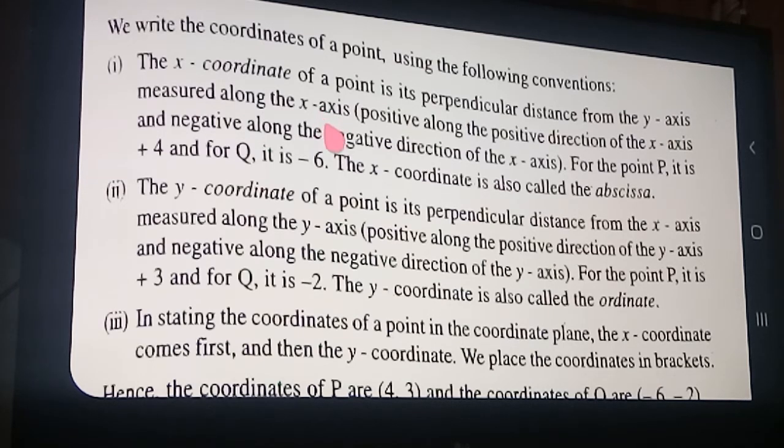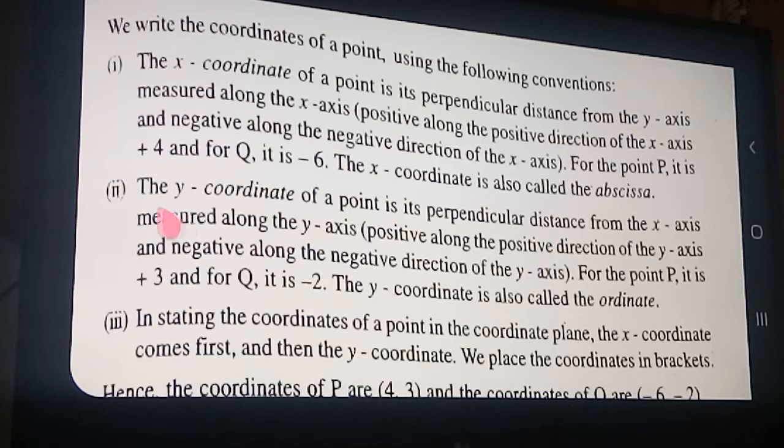Both can come. If it comes in the positive direction we write +4, and if in the negative direction we write -6. Anyhow, the x-coordinate of the point we are calling abscissa. In an ordered pair, what is written first is the x-coordinate. Its other name is abscissa.